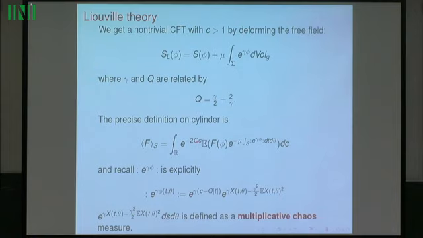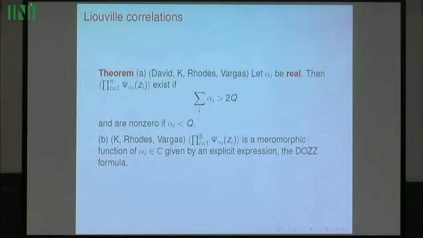This guy increases at minus infinity, so this is bad. So the expected value of 1 is not finite, so this is not a normalizable measure at all. But if I have the vertex operators which all carry exponential of alpha times c, then they can help and make this converge, and that's this condition here. This is a multiplicative chaos result, which is deeper, and let's not go into that here.